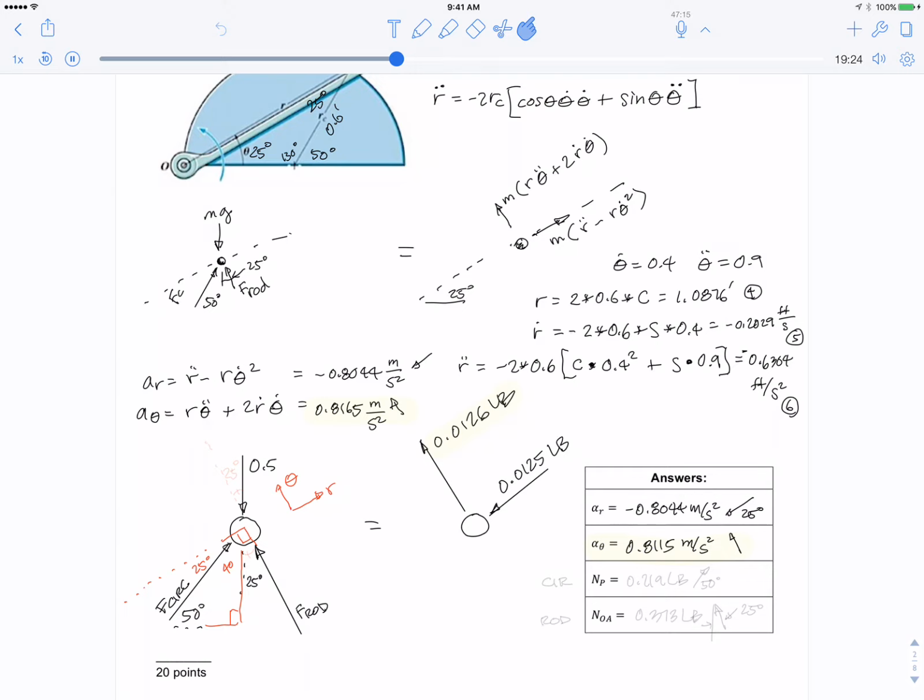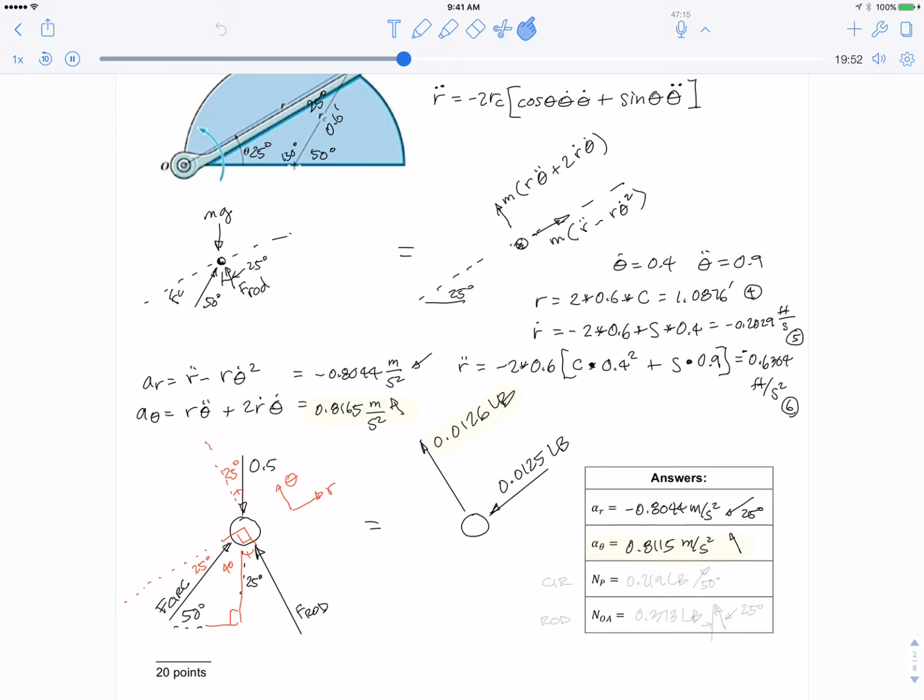Okay, so once I had that all figured out in my mind, I noticed, yeah, we can easily solve for the force in the rod and the force in the circle using these coordinates. I also had to get this angle, and I convinced myself that that was 25 degrees because this angle had to equal that angle.